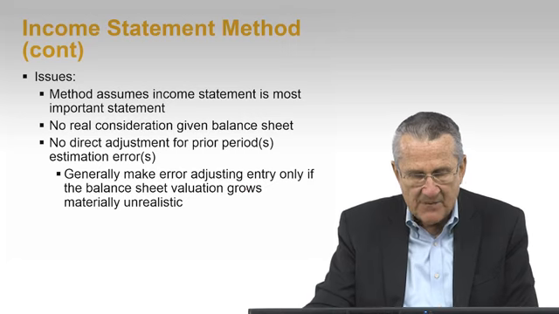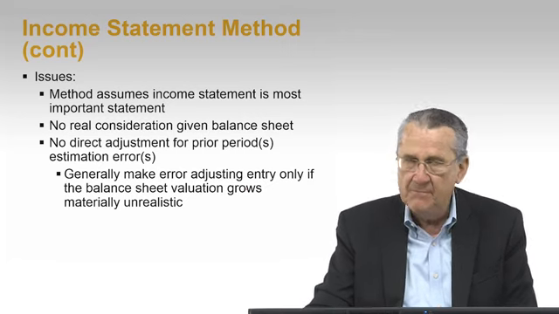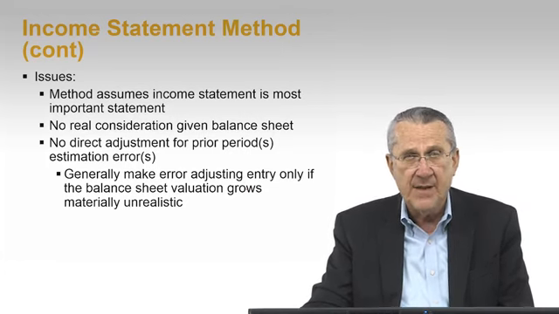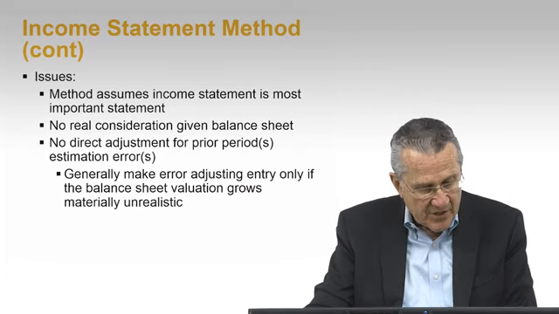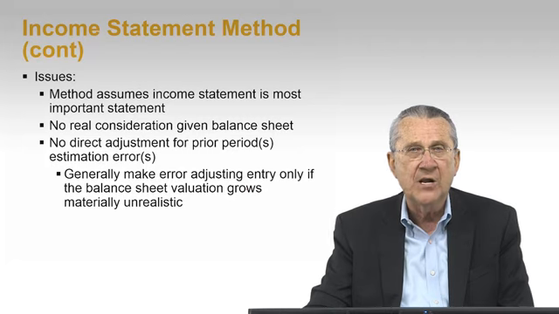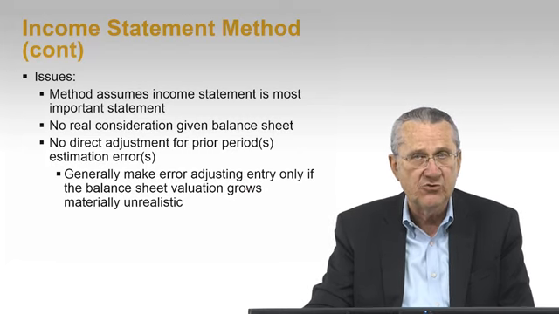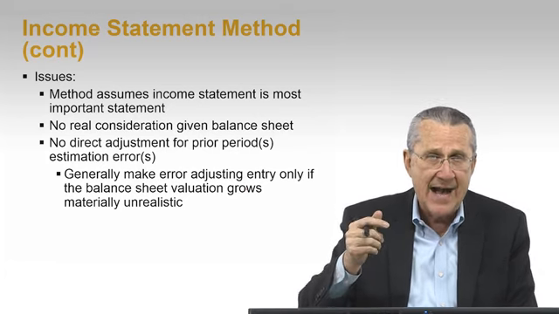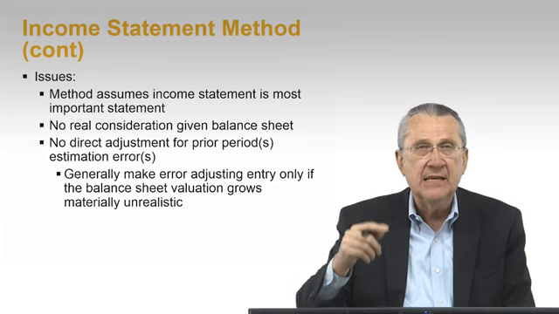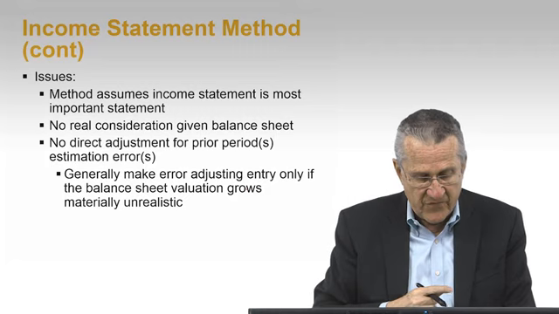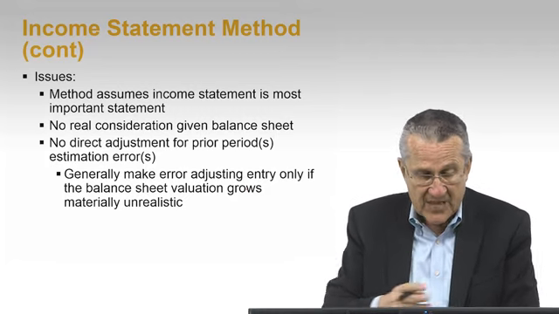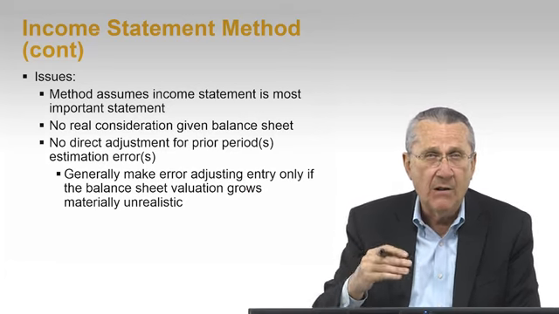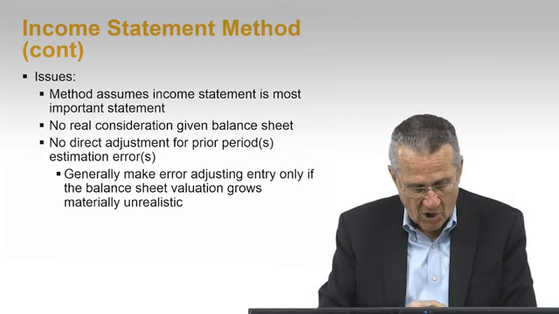Now, the income statement method assumes that the income statement is the most important statement, doesn't really give a lot of consideration directly to the balance sheet, and it provides no direct adjustment for prior period or periods estimation entries. So if you constantly estimate it a little low or a little high, then the result could be that we will see the allowance account get smaller and smaller or larger and larger.